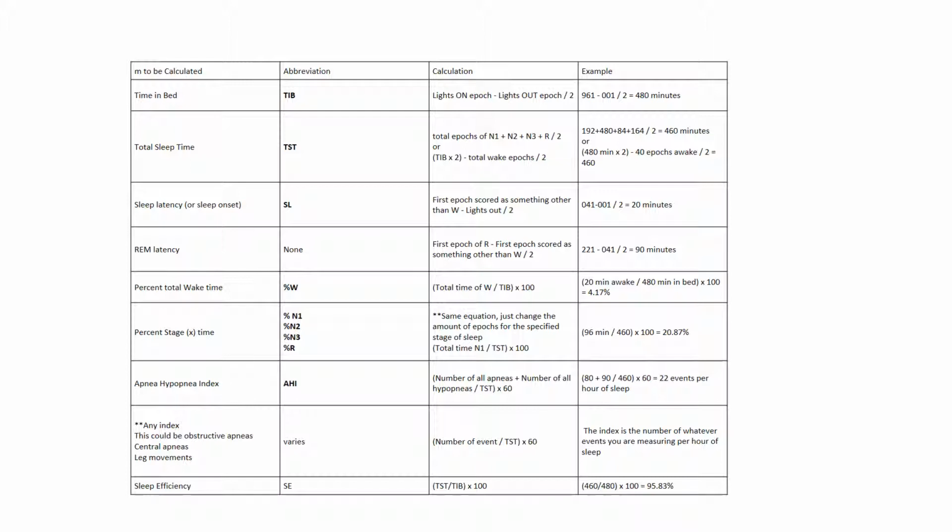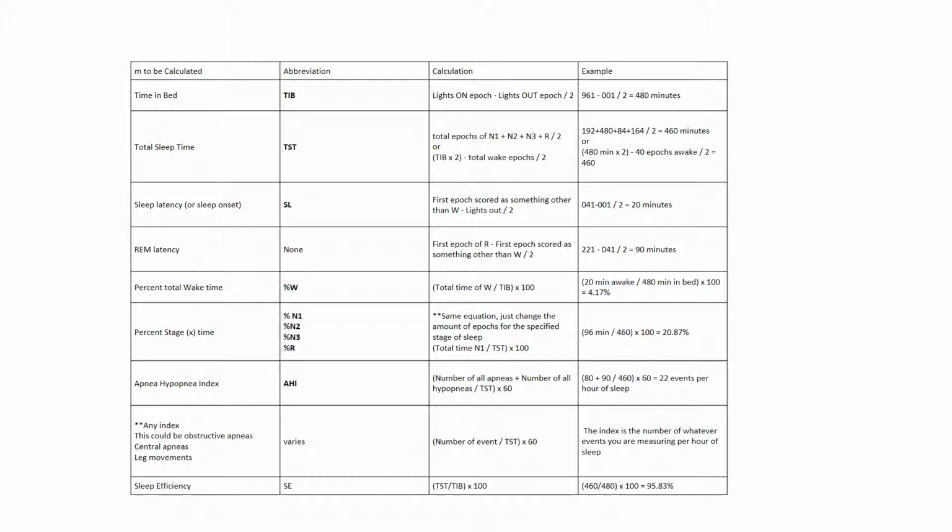If you have it in epochs, you have to divide it by 2 to get it into minutes. So in the example, I have 20 minutes of awake divided by the time in bed, which is 480, and then take that times 100 to get a percent, and we get 4.17%. Now notice we use time in bed for wake.